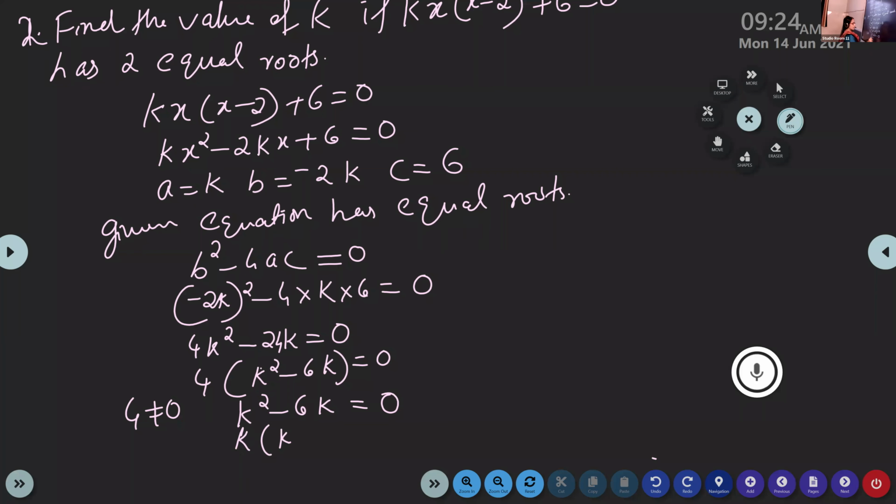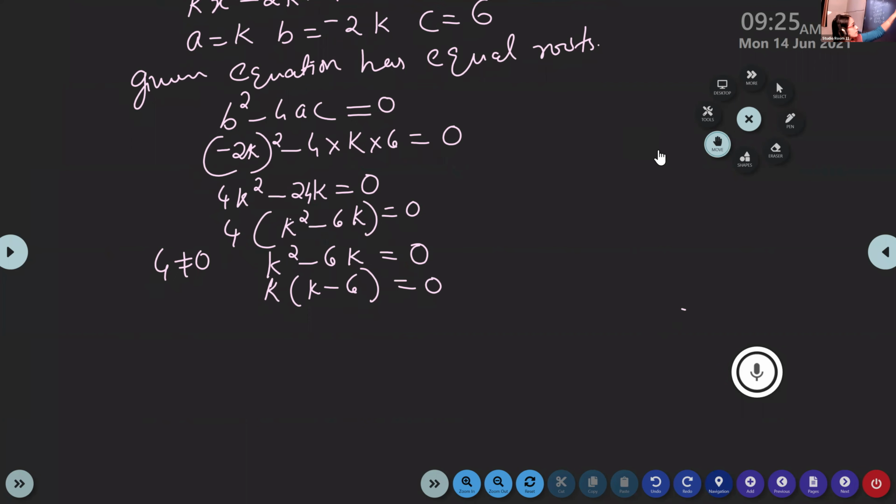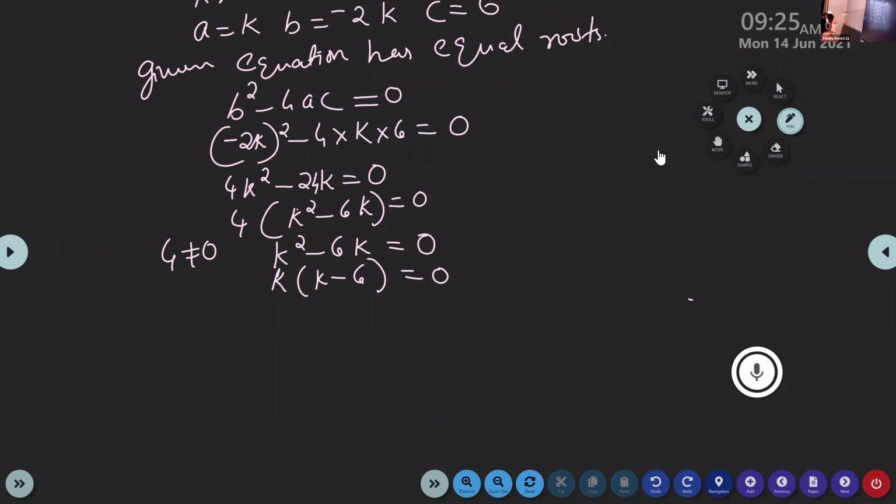We can write k into k minus 6 equal to 0. That is k equal to 0 or k minus 6 equal to 0. That is k equal to 0 or k equal to 6.